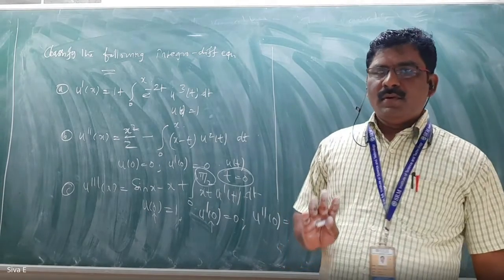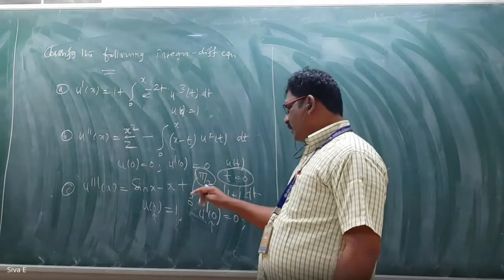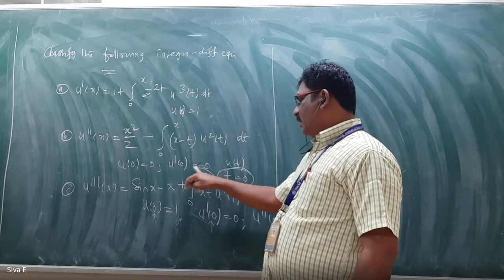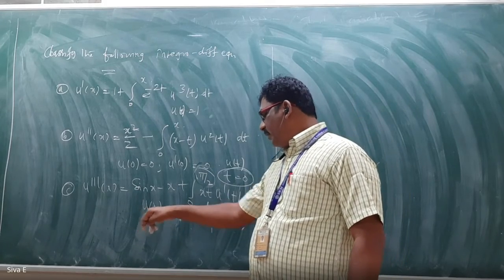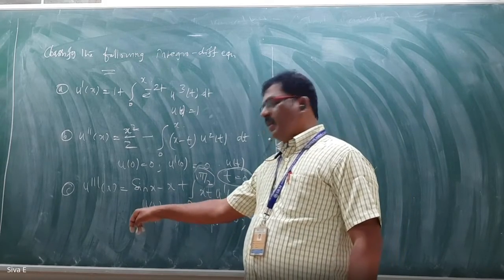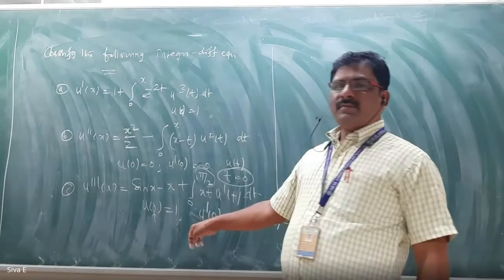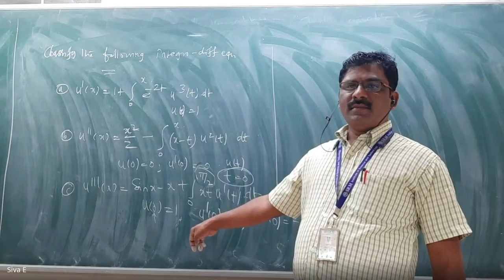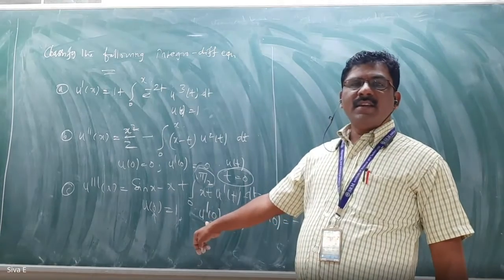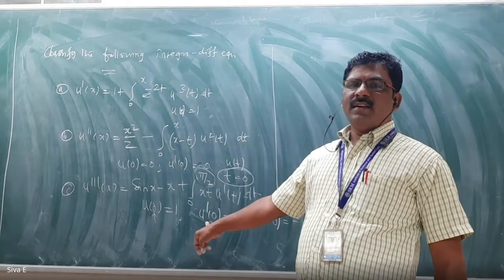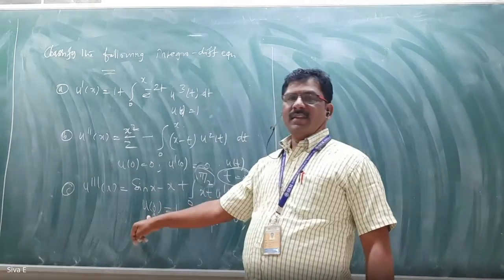So one, your idea is correct. u of pi by 2 is not given, and only initial values are given. u dash of 0 is there, na? What is that called? U of 0 is the initial displacement.